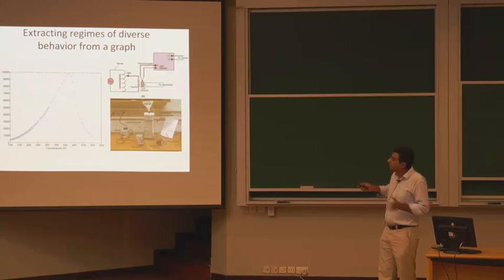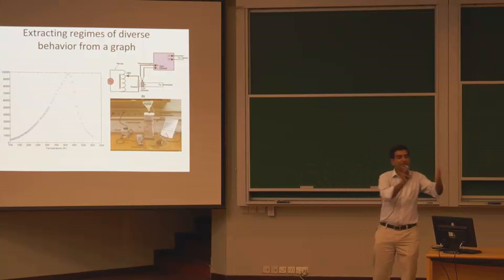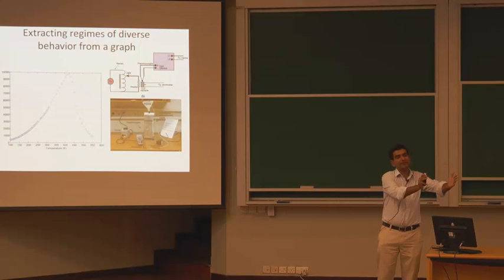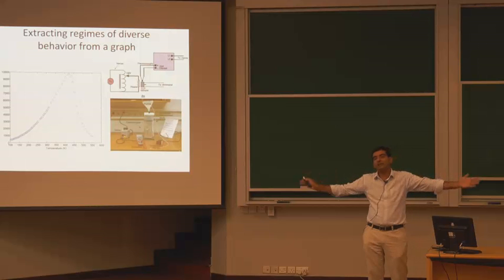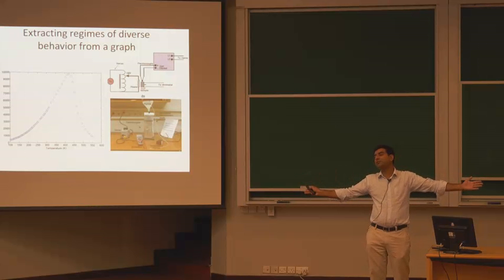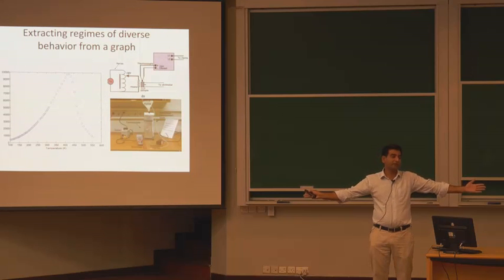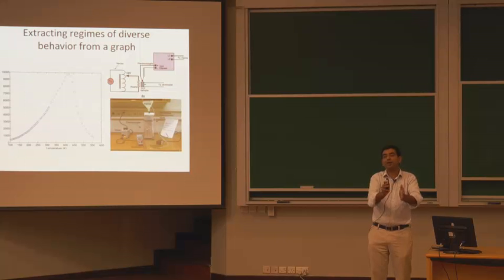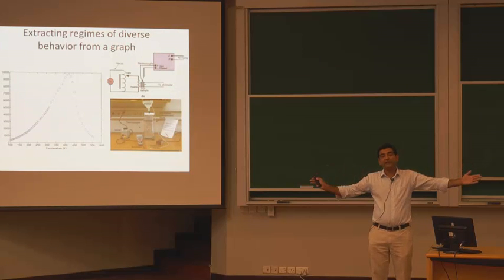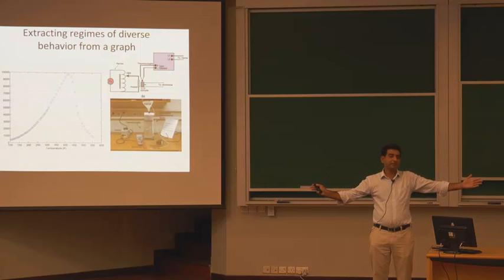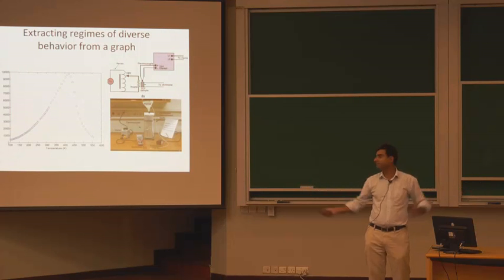So I can look at this entire graph and observe regions of different kinds of behavior inside this material. This is not possible if you just have a table in front of you. You really need to graph data, so that you can observe these different regimes of diverse behavior in the same material, in the same system.